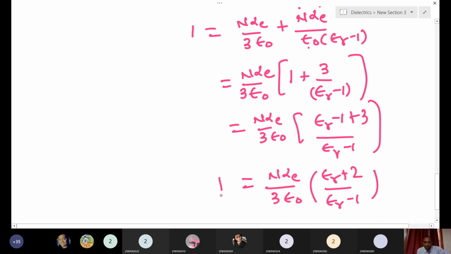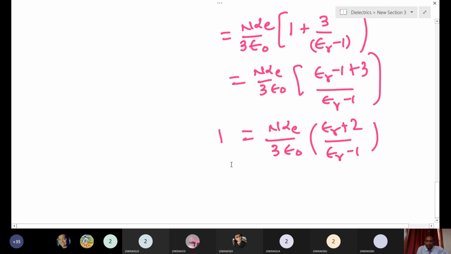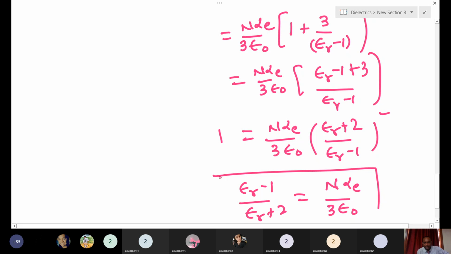Now our job is done. Send this term to the left hand side: epsilon r minus 1 by epsilon r plus 2 is equal to n alpha e by 3 epsilon naught. This is our final expression.